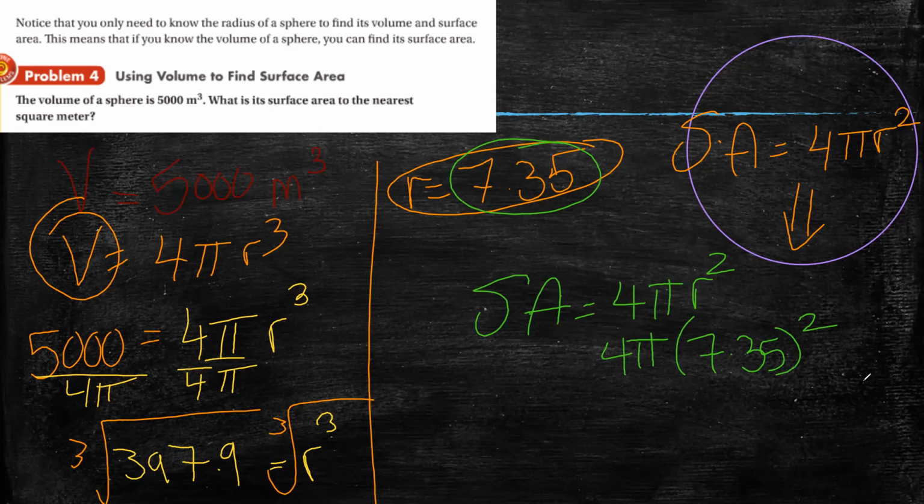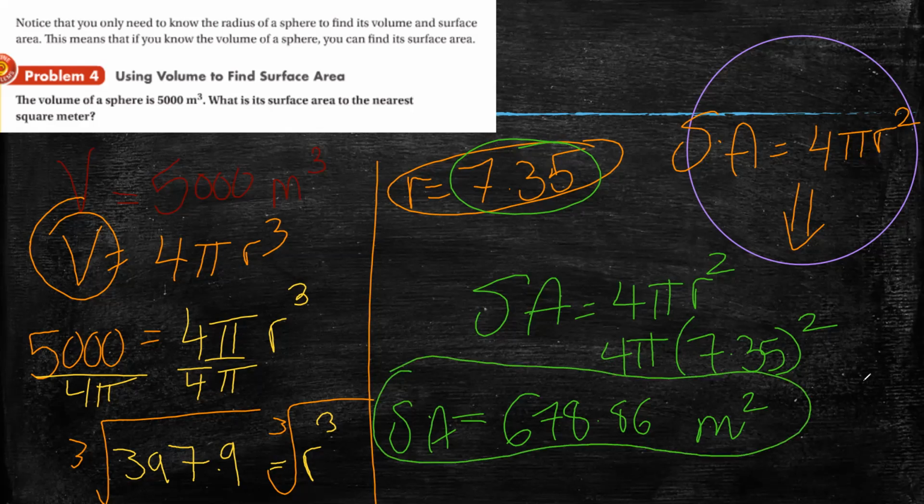Then 7.35 squared times 4 times pi will be 678.86 meters squared. This will be now the surface area of the sphere.